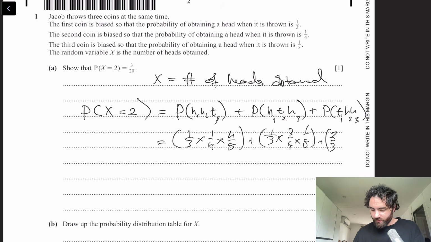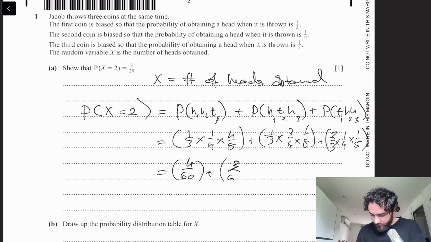Because it's 1 minus this, probability total must be 1, times 1/4, times 1/5. Okay, so put all this stuff in. So 3 times 4 times 5, 60. So this is 4/60 plus this is 3/60 plus this is 2/60. And if it's all good, that should equal 3/20.